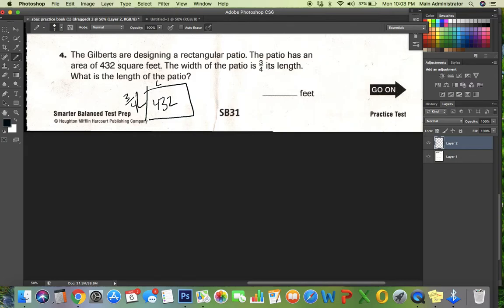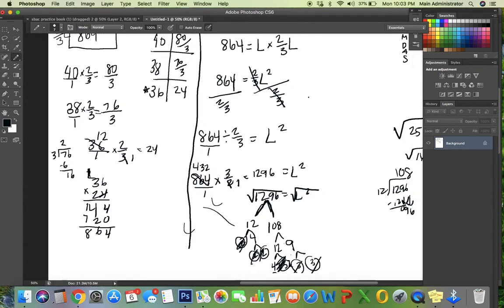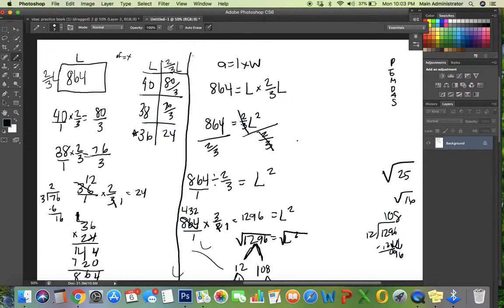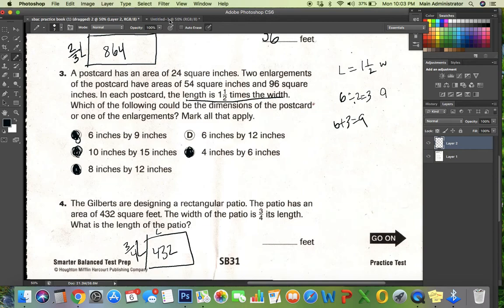So I'm going to show you two different ways to do this. If you remember on number 2, I was trying to find 2/3 of a number and see if that worked. This time, I'm going to do it a little differently. I'm going to just divide, okay? So I've got 432.